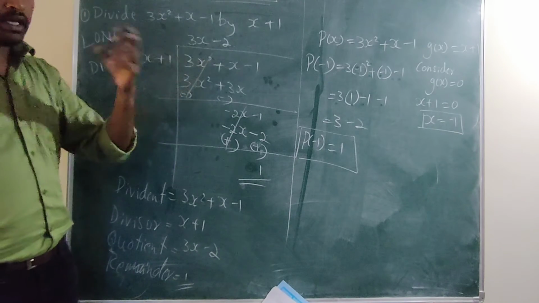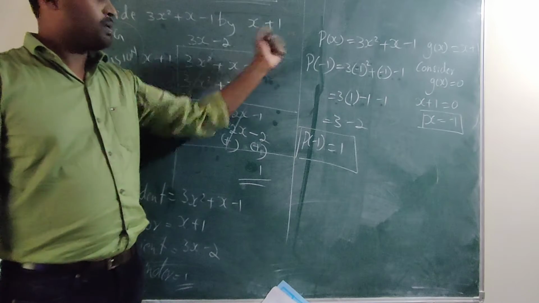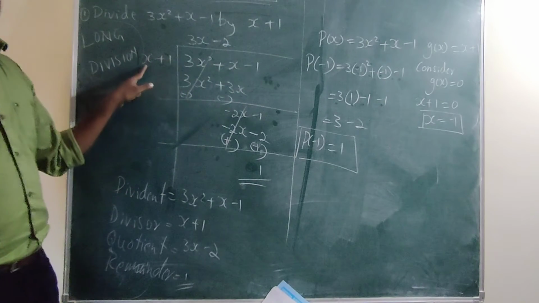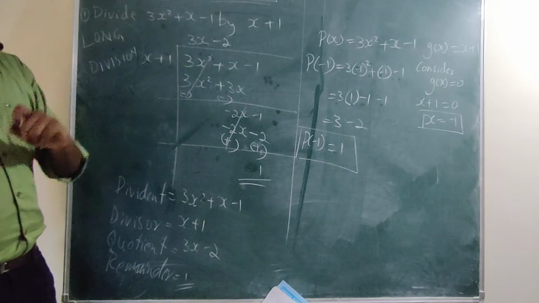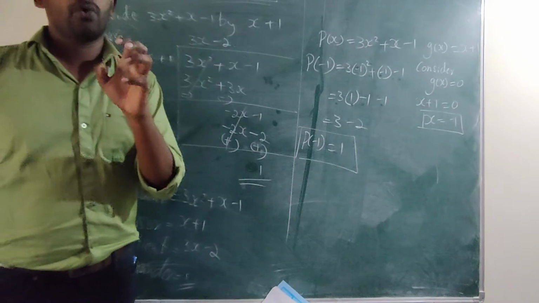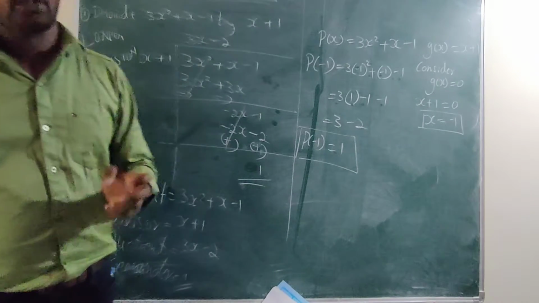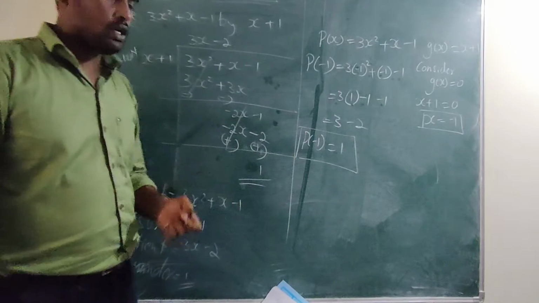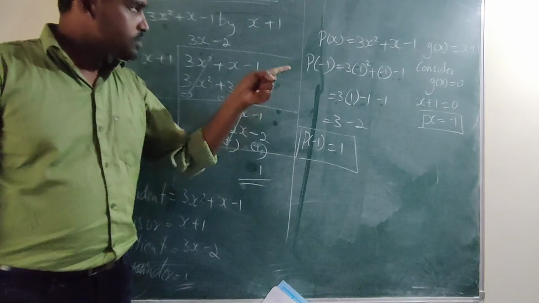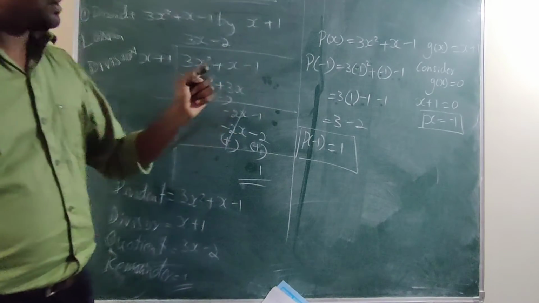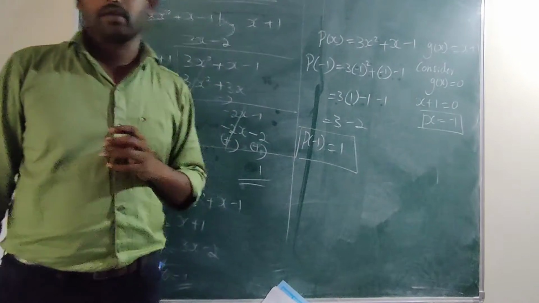In P of x, the highest power is 3x square. Please take 3x square divided by x. x and power you can cancel using the law of exponents, the second law of exponents. Clear? This is the remainder theorem using the second method. The second method is known as the remainder theorem.